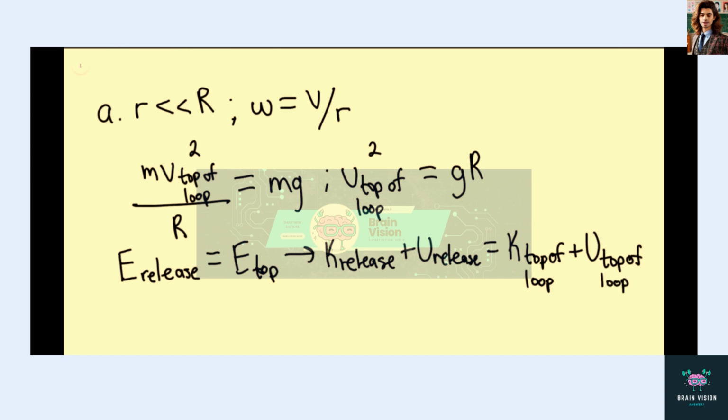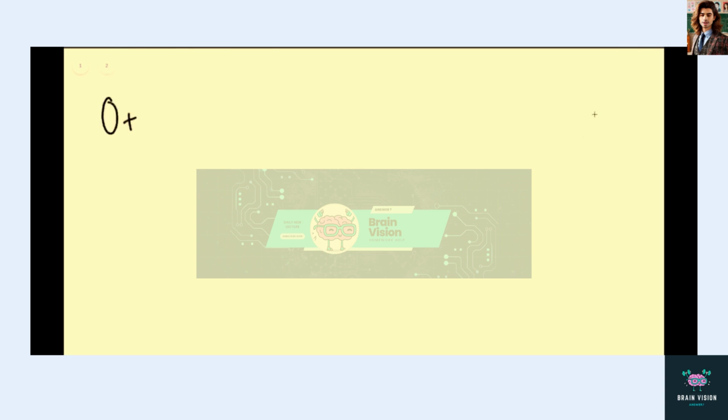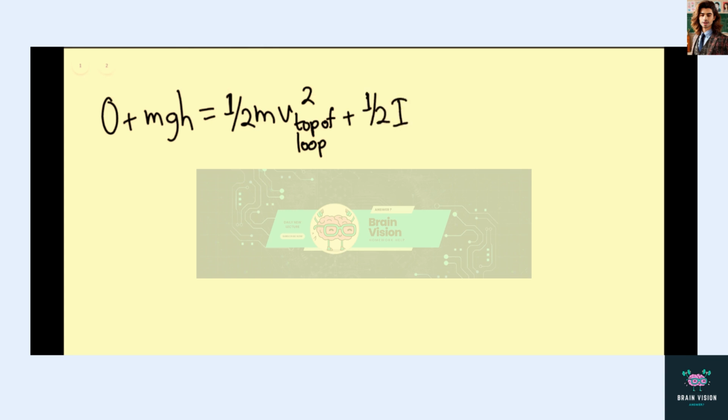And so we can say that 0 plus mgh would equal 1/2 times m times the velocity at the top of the loop squared plus 1/2 times the rotational kinetic energy of the marble, so I omega, the angular velocity at the top of the loop squared, plus mg2R, so essentially plus the gravitational potential energy at the top of the loop, the height being 2 times the radius of the loop itself.